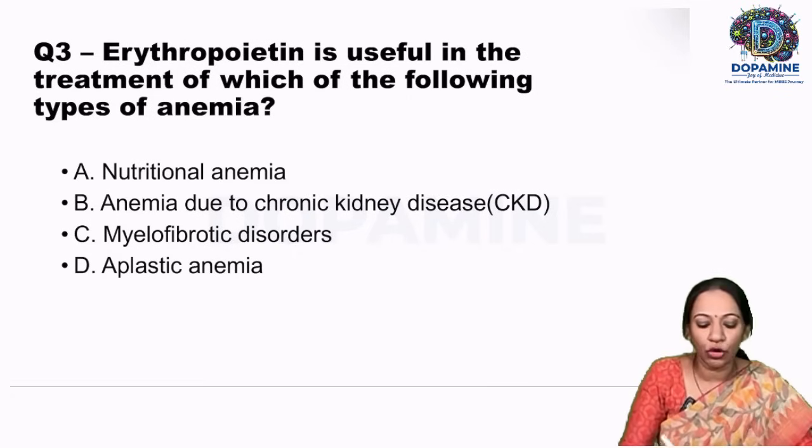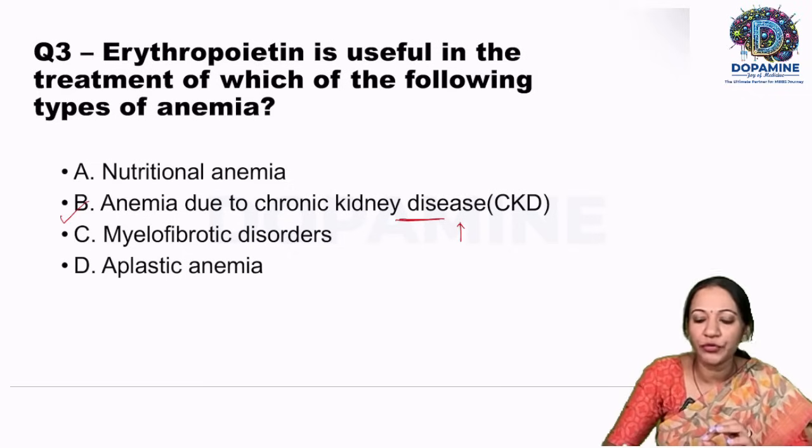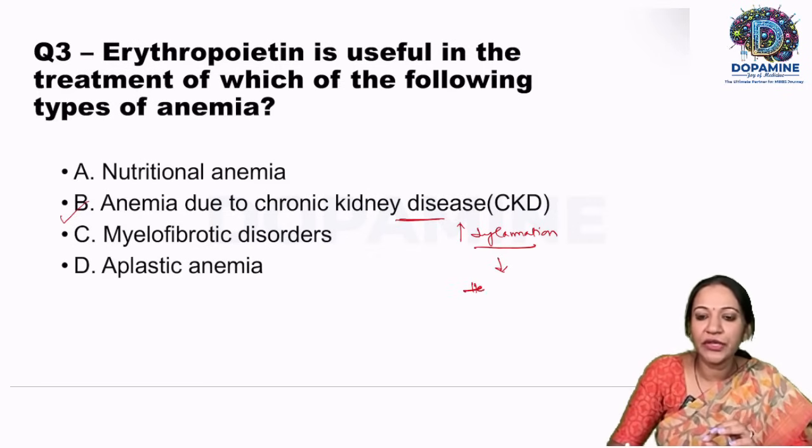So in people with chronic kidney disease, anemia of chronic disease, we use erythropoietin as a therapy. And you're all aware that in anemia of chronic disease, the problem is increased inflammation.